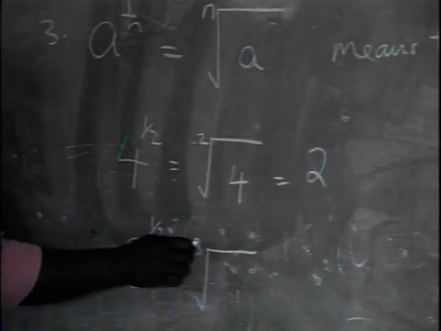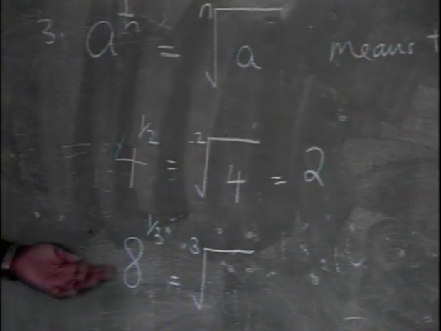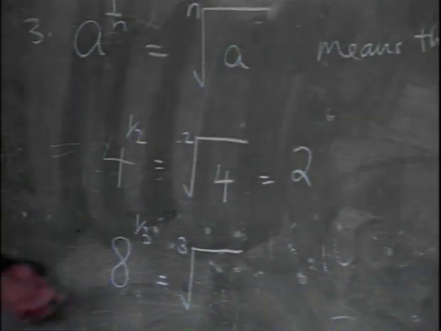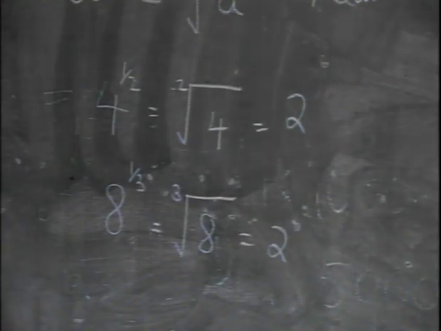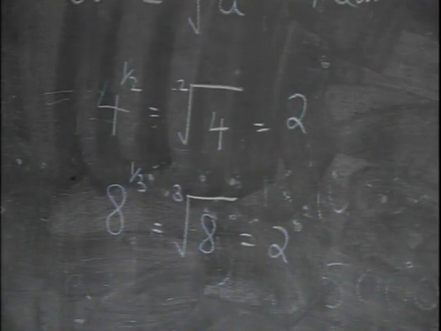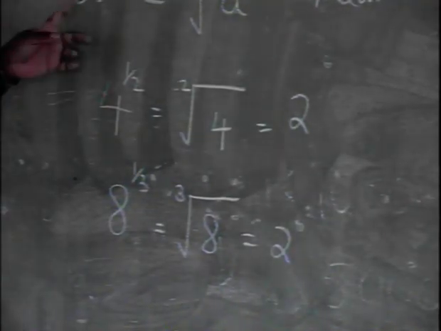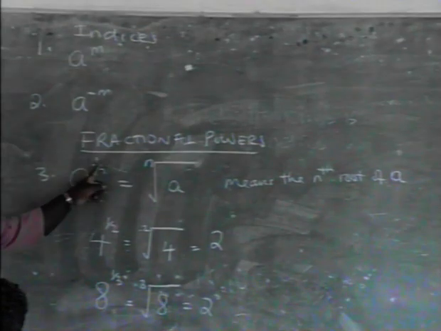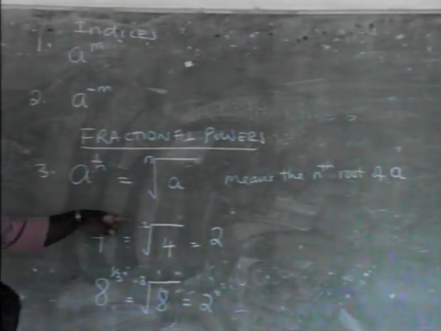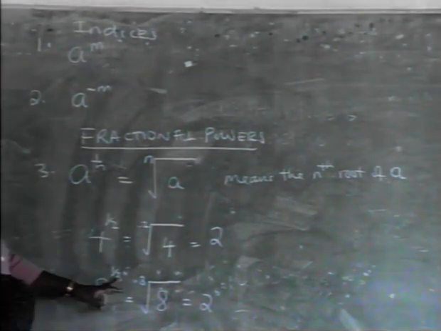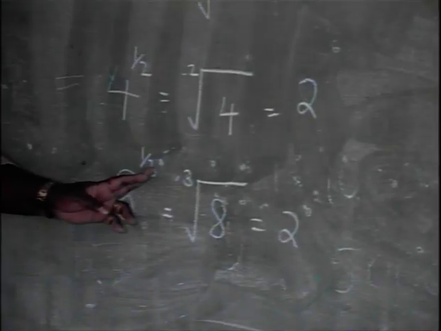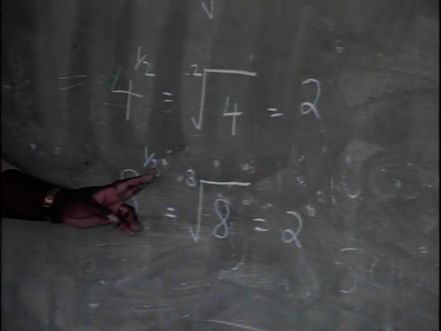Once you know that, the cube root of 8 will be 2, because 2 times 2 times 2 is equal to 8. Is this clear? The third rule is A to the power of 1 over n, which means the nth root of A.